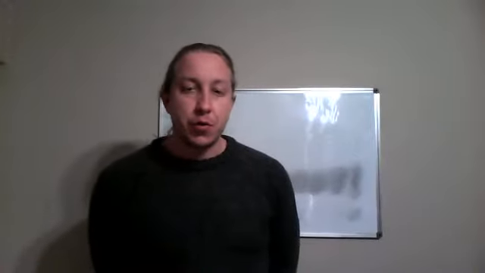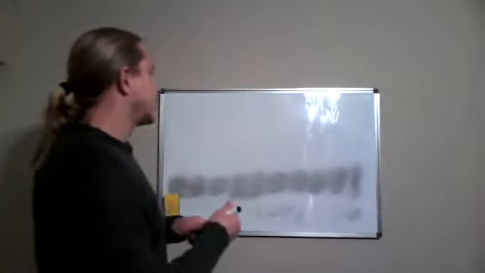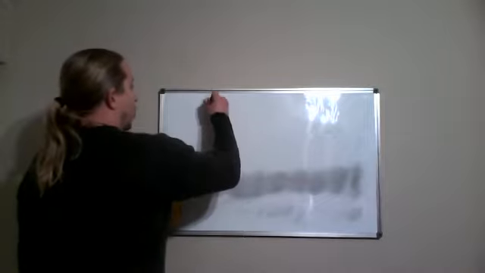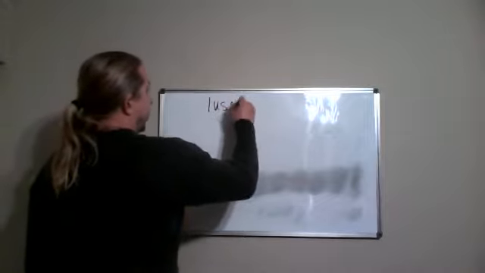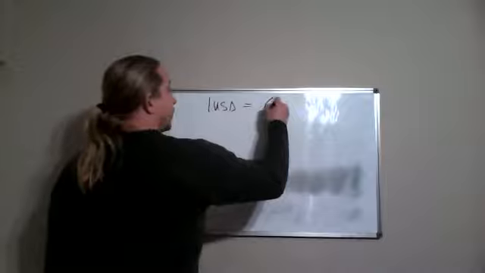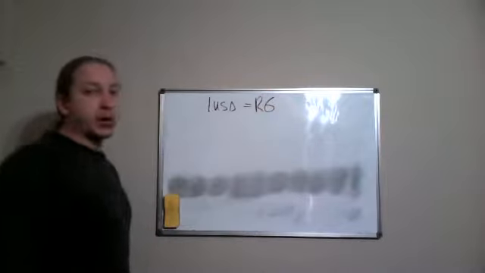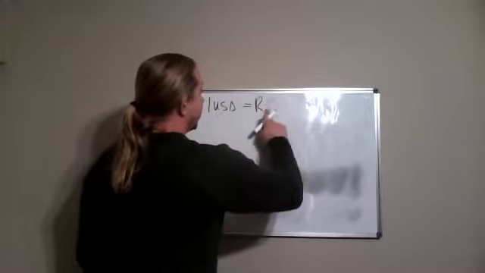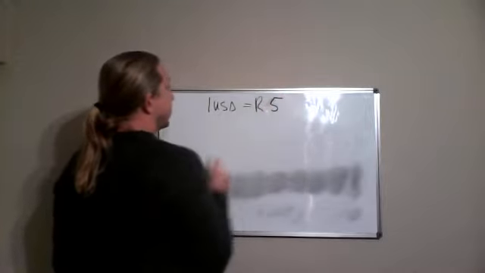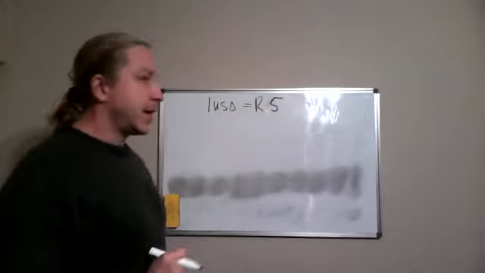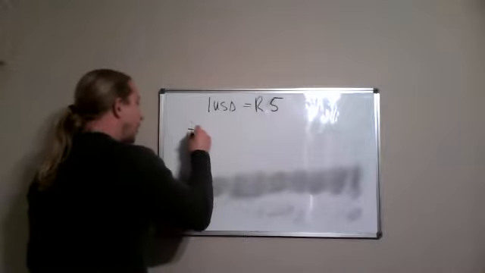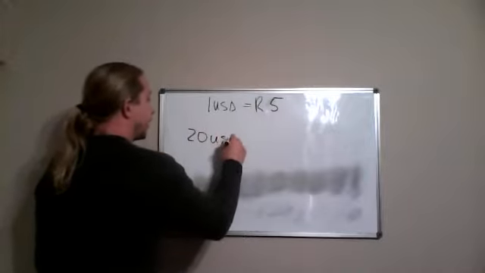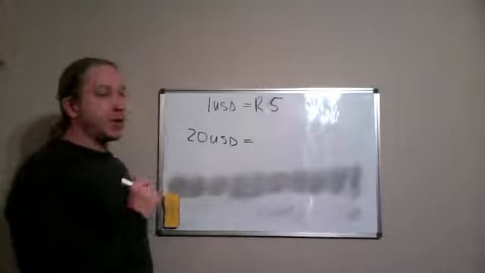All right, guys, the exchange rates work really easy. Let's have an example. Let's say 1 USD equals 6 Rand, for argument's sake. Actually, let's make it 5 Rand to make it even easier. Now if I say I have 20 USD, how much is that in Rands?